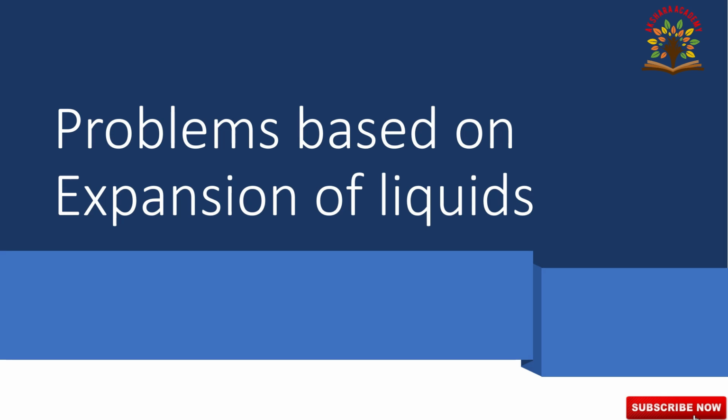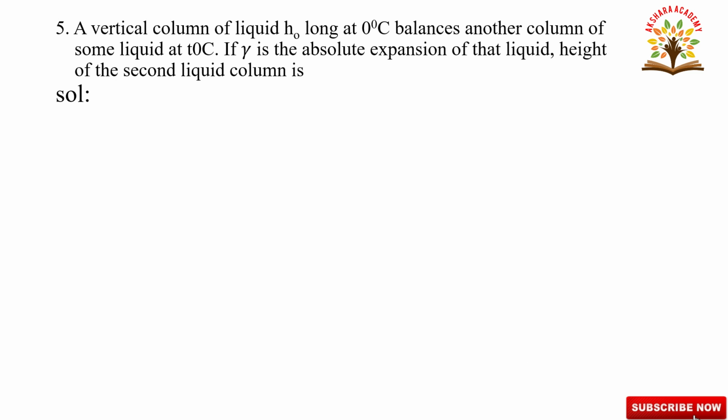Let us go for today's discussion. Problems based on expansion of liquids. Go to the next question. A vertical column of liquid H0 long at 0 degree centigrade balances another column of some liquid at T degree centigrade.